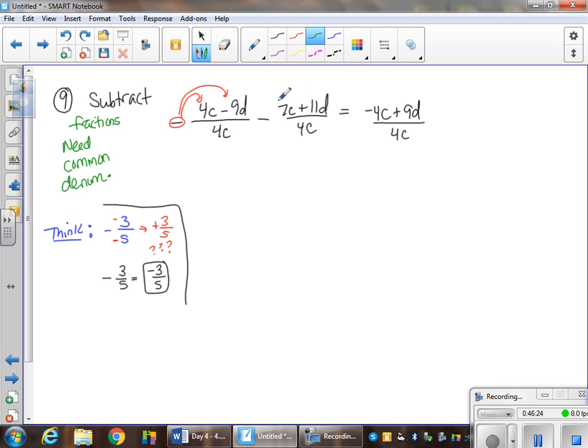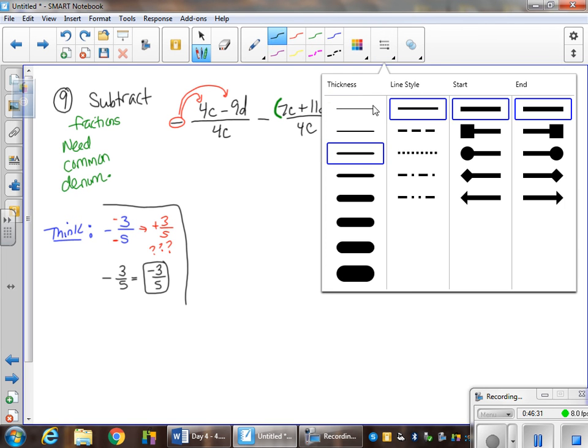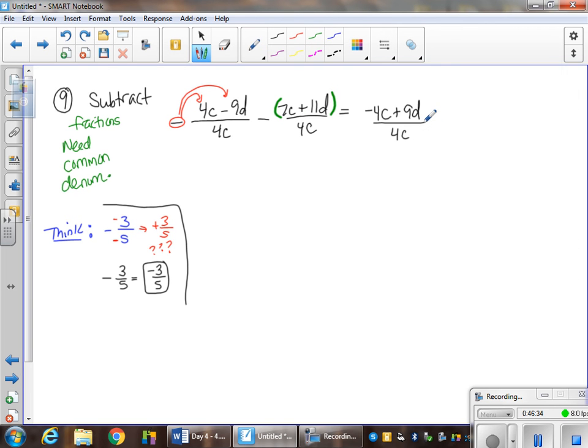Even though there's no parentheses, remember, this entire numerator is being subtracted. And because I have common denominators, you can actually just go ahead and extend that line into one fraction. So -7c minus 11d. And I got that because I distributed the subtraction.